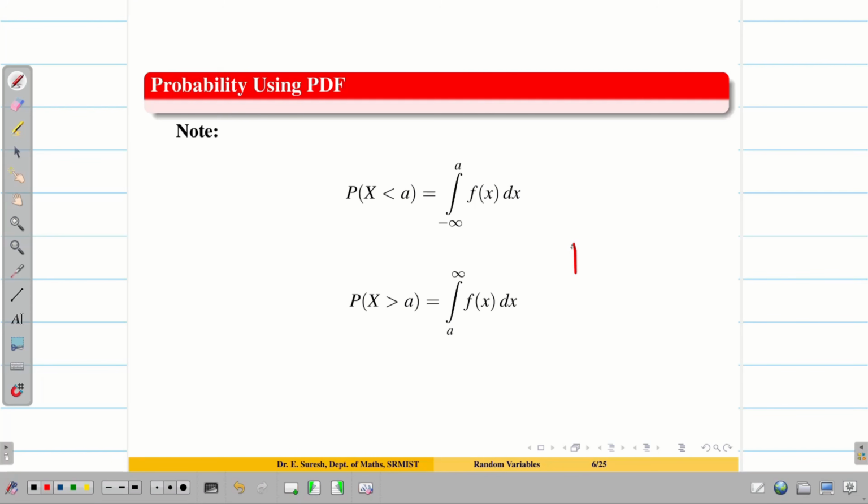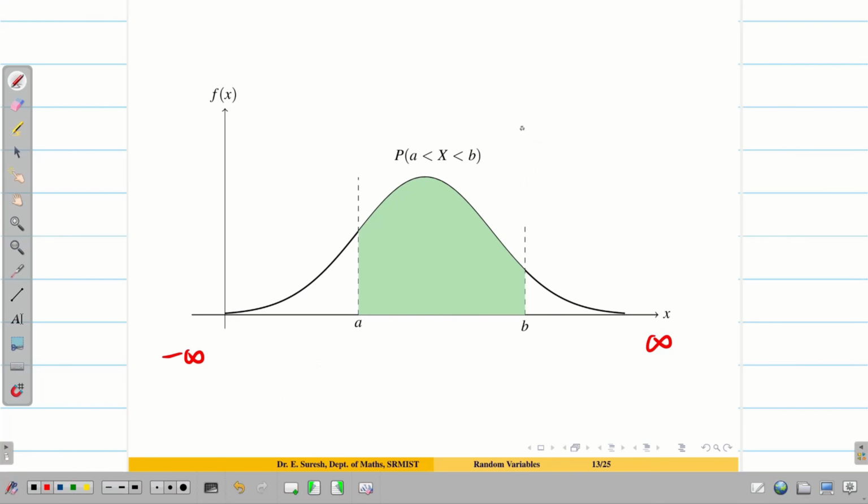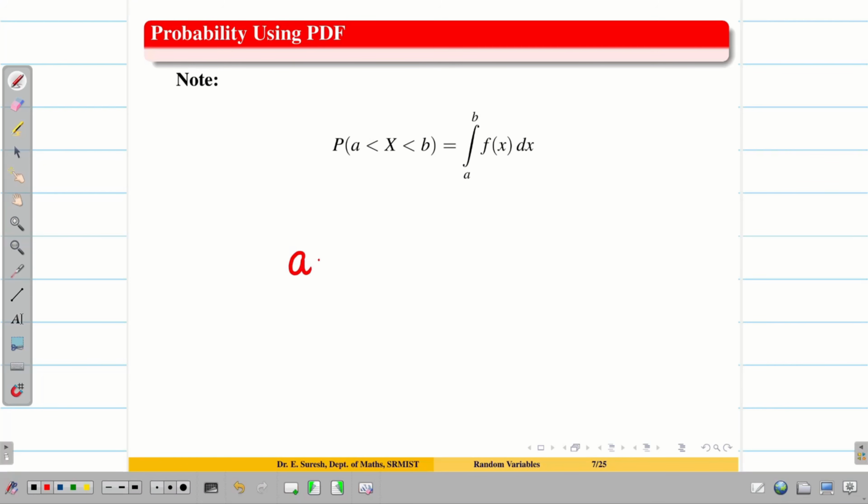Next, we are going to find the probability of X lying between some values a to b. We can see the pictorial representation. Since a is less than b, the integral from a to b of f(x) dx is my answer for the probability of X lying between a and b. Now, there comes a question. If a and b are equal instead of a less than b, then what is the answer?